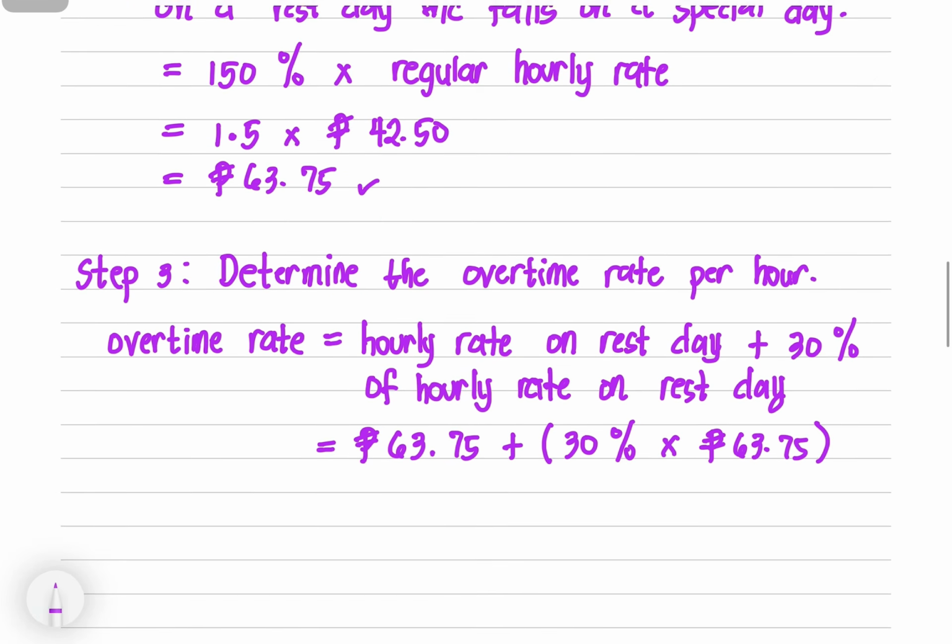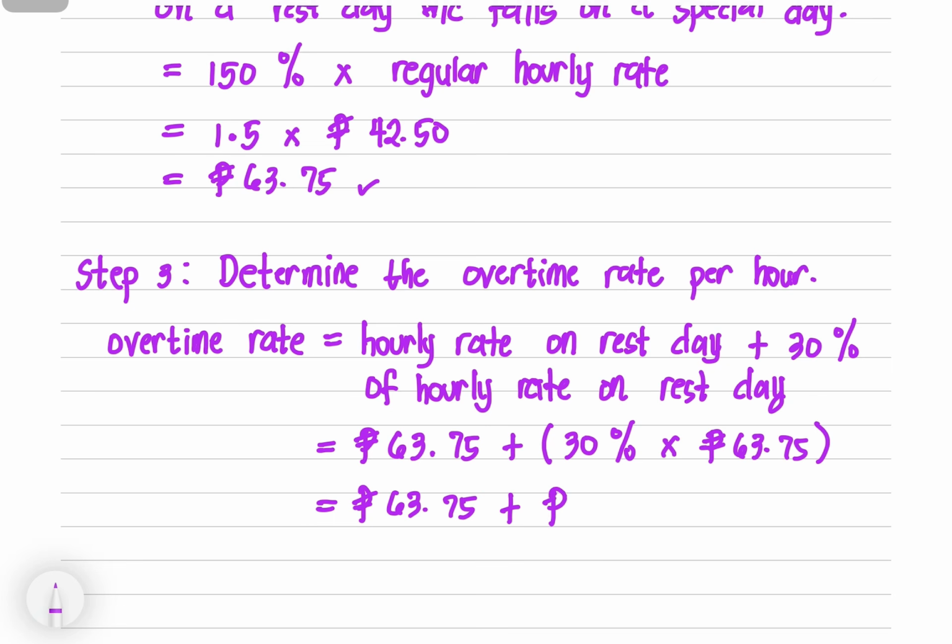So, i-simplify natin to, class. Just copy 63.75 plus get the 30% of 63.75. Using our calculator, that is equal to 19.125.